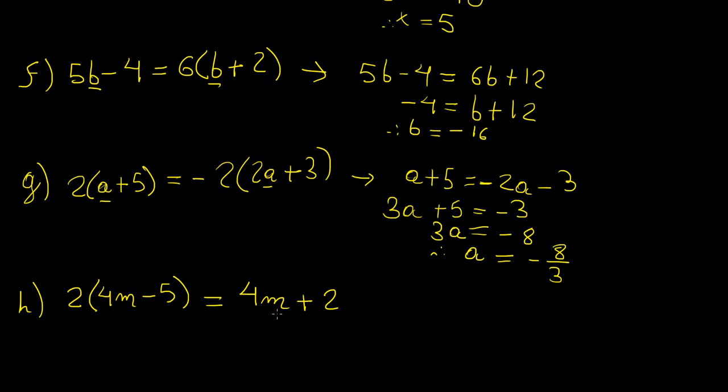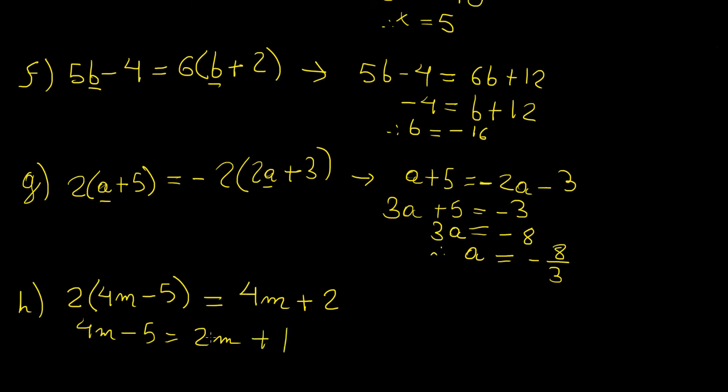In this one, we're going to be solving for m, so let's see what we can do. We could once again multiply it and expand, or we can actually divide both sides by 2. In this case, that would work because we notice 4 is a multiple of 2, and 2 is a multiple of 2, so if we divide both sides, this one disappears, so we're left with 4m minus 5. 4 divided by 2 is 2m, and then 2 divided by 2 is 1.